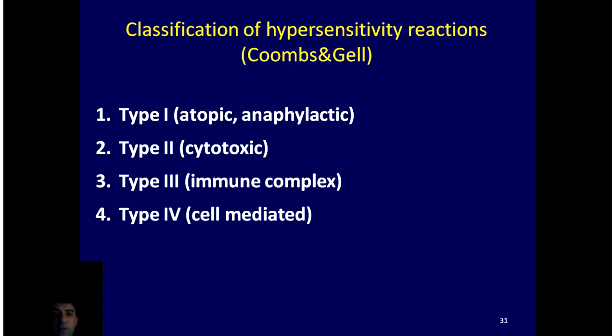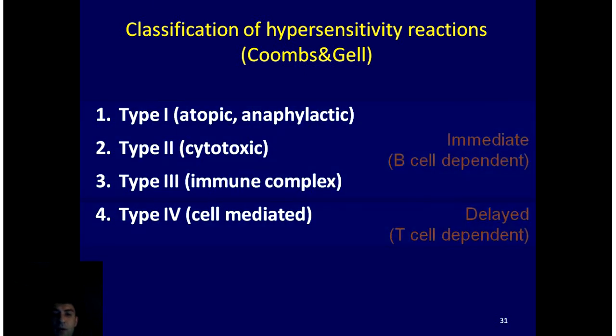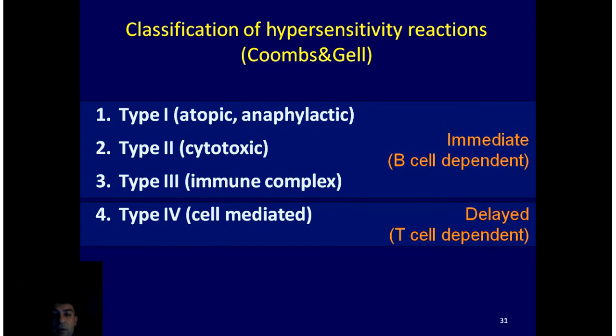It was about 50 years ago that Gell and Coombs classified hypersensitivity reactions depending on their mechanism into 4 types. The first 3 are B-cell dependent, and the last one is T-cell dependent, and the first 3 are immediate. We should consider this not after the first exposure, but in all cases.